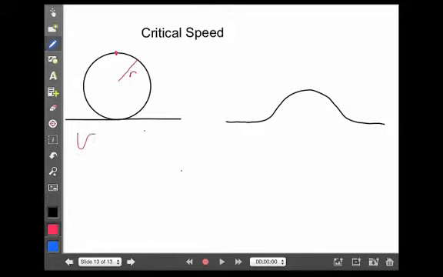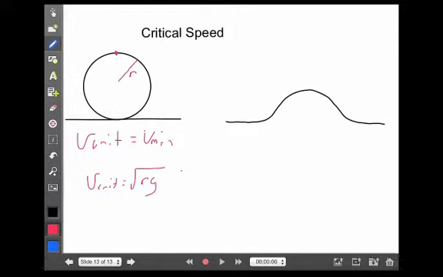So my critical speed when I'm inside the loop is also the lowest possible speed I need. Okay, so that critical speed, square root of Rg, I need to maintain that speed as a minimum. Okay, any slower, I'm going to fall out of that loop.